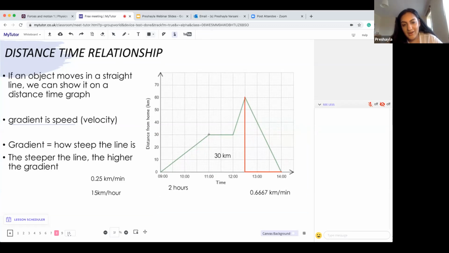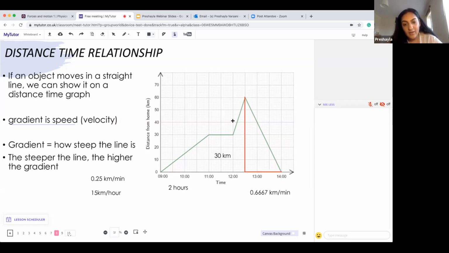Then from 11 to 12 o'clock, the person hasn't moved at all. The distance doesn't go up. Then at 12 o'clock, they start again. And from 12 o'clock to 12:30, they move 30 kilometers. And from 12:30 to 2 o'clock, they move 60 kilometers.